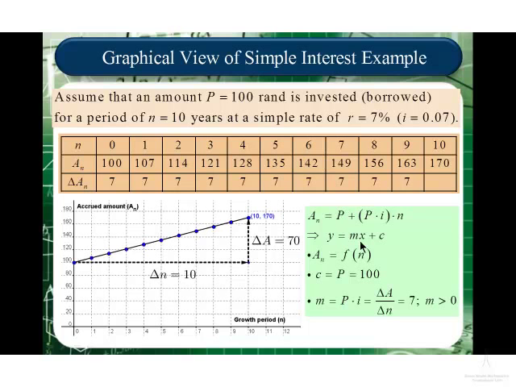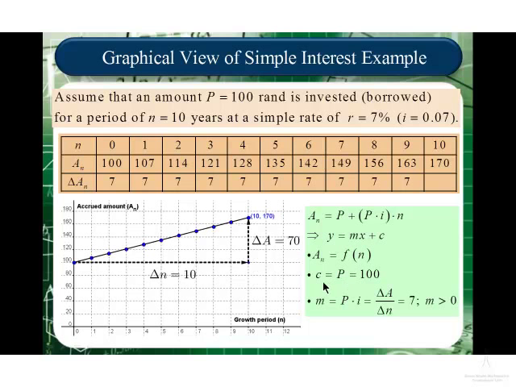This is the way we can model the growth formula if you compare it to the linear function y is equal to mx plus c. In our case, the accrued value is a function of the input number which represents the interest period n.